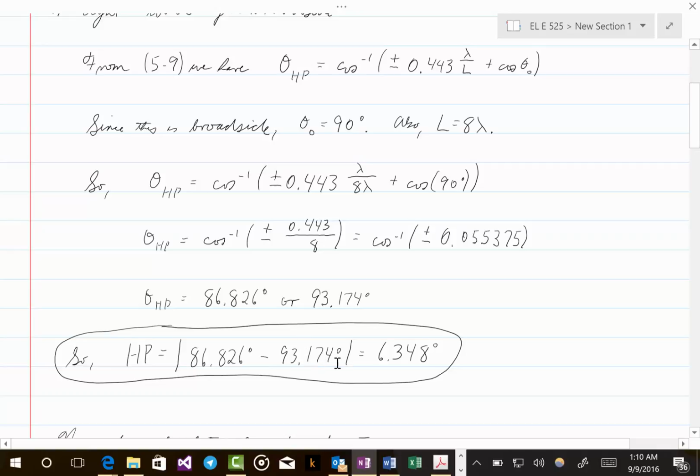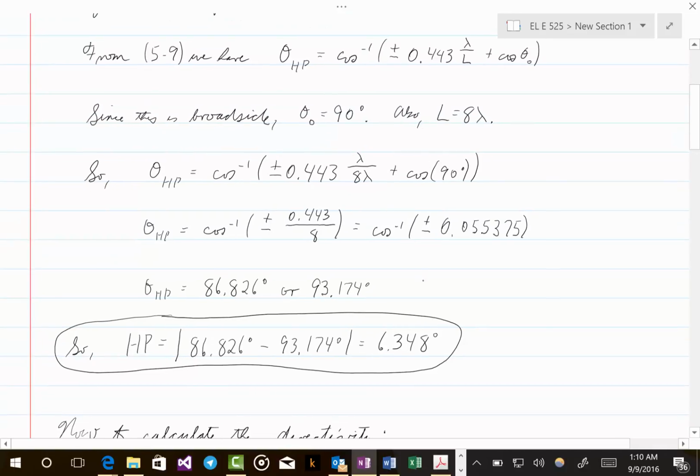To make sure that's clear, theta HP left is equal to 86.826 degrees, and theta HP right is equal to 93.174 degrees.